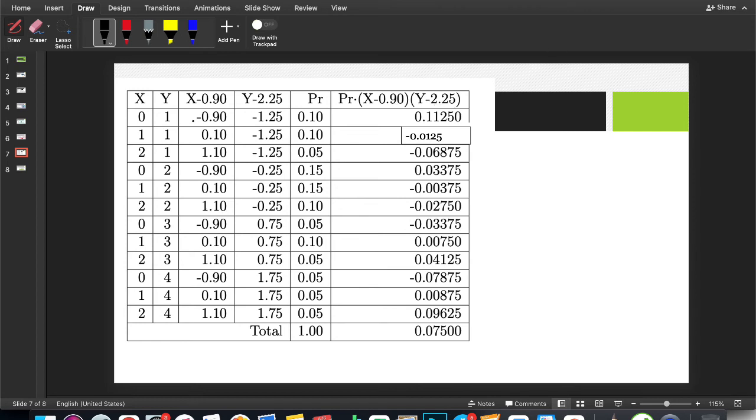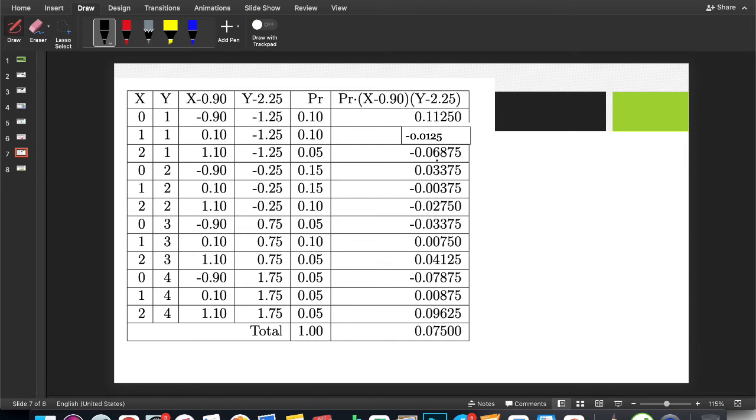Okay, so that's PR multiplied by x minus 0.9 multiplied by y minus 2.25. So for this particular row, that is 0.1 multiplied by negative 0.9 multiplied by negative 1.25, you'll get positive 0.1125. Okay, and then you do that for the remaining numbers, and then you get the sum.